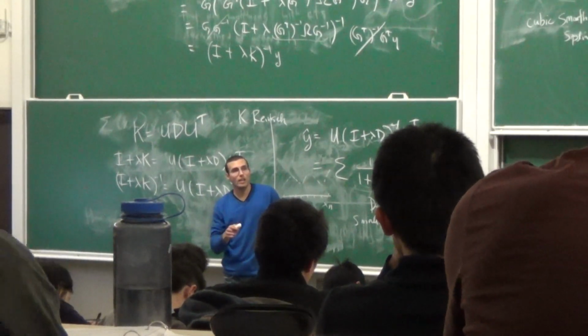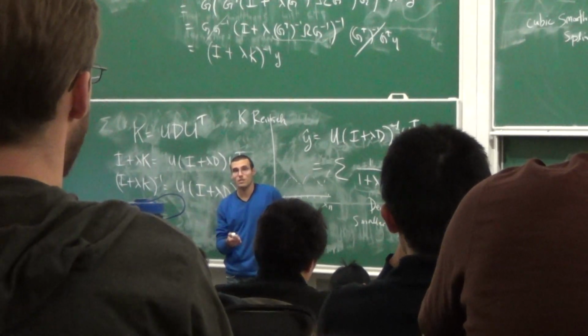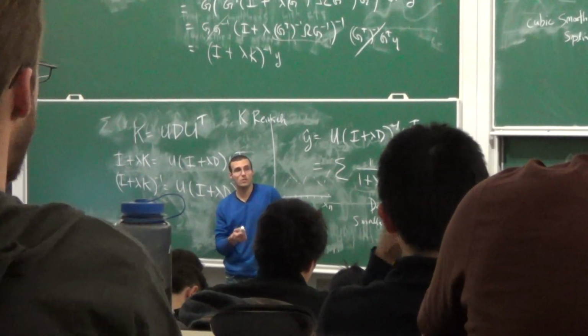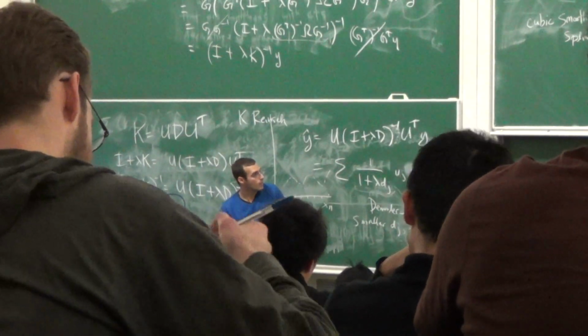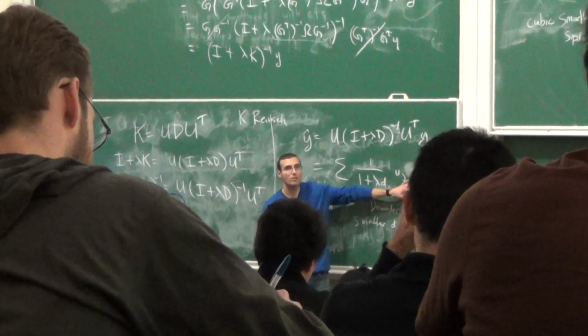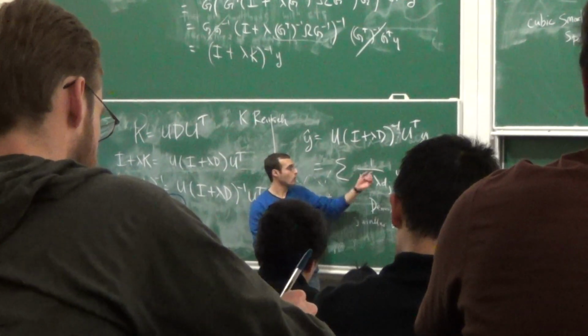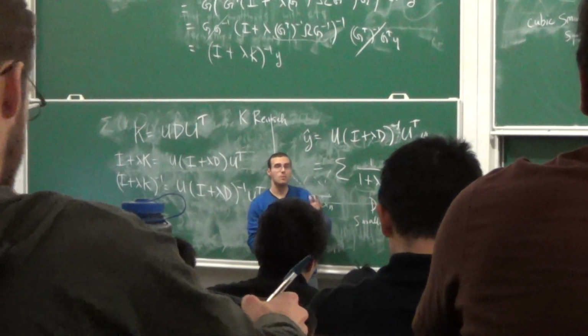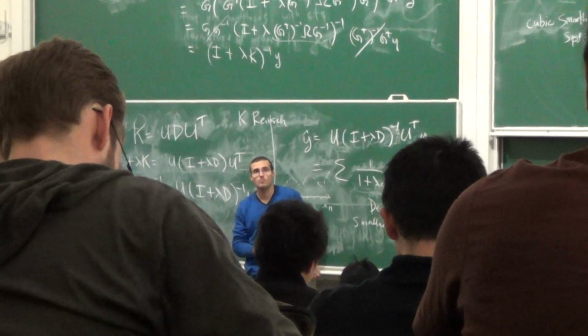So K has 2 zero eigenvalues actually. The bottom 2 eigenvalues are 0. The smallest are 0, which means that you're not penalizing whatsoever towards the linear fit. You can fit a linear function no matter what, like at 1 over 1 plus lambda times 0. As I take lambda to infinity, those terms never get shrunken away.